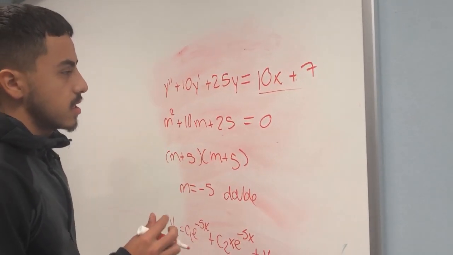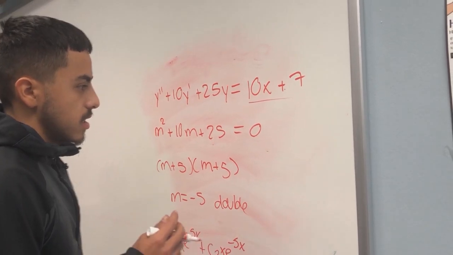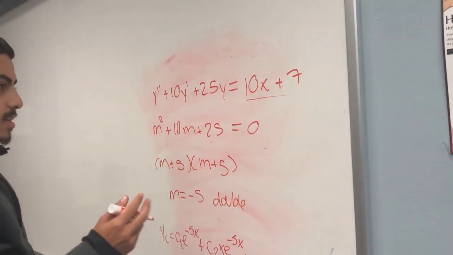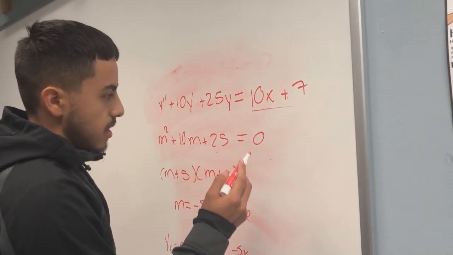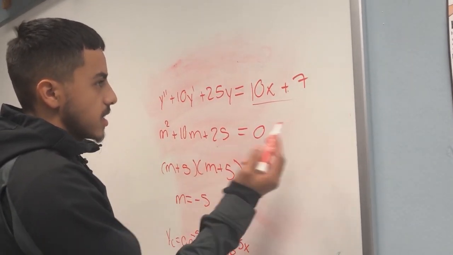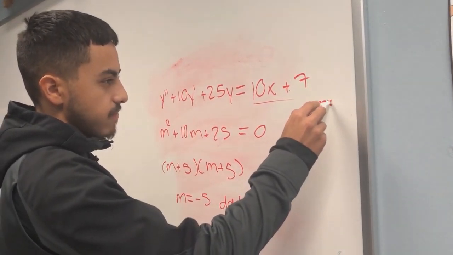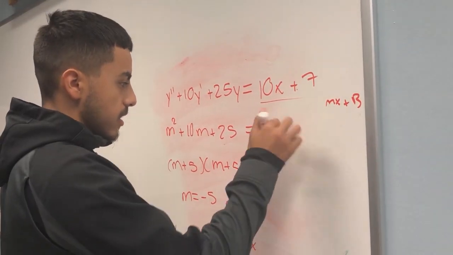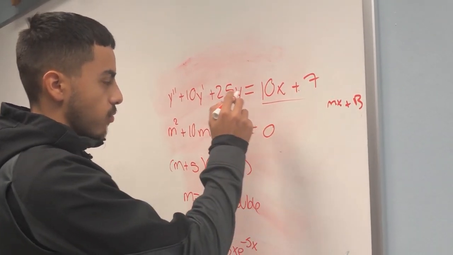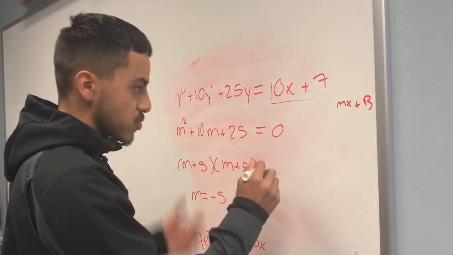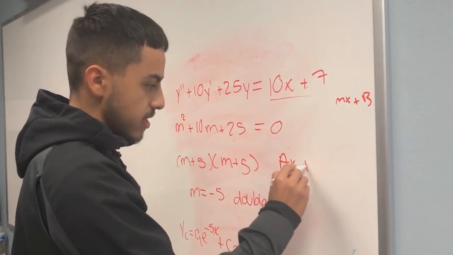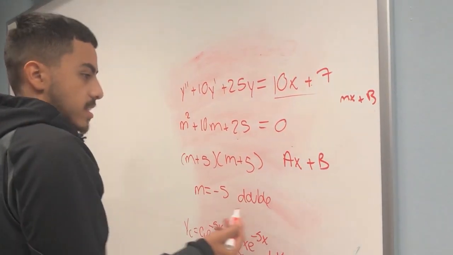But for this one, you have something that resembles a line. Do you remember what goes with a line? Yes, it's mx plus b, and I think I remember now. The associated one, I guess, would be ax plus b. Yep. Okay, that was good.